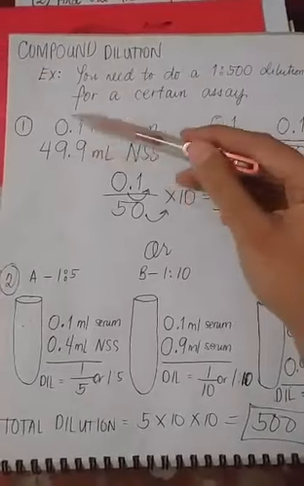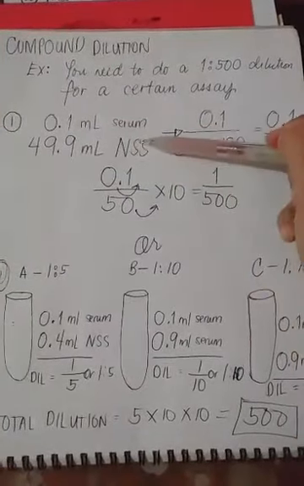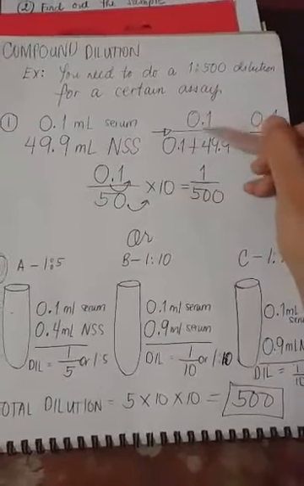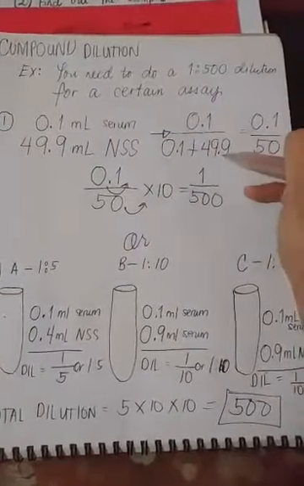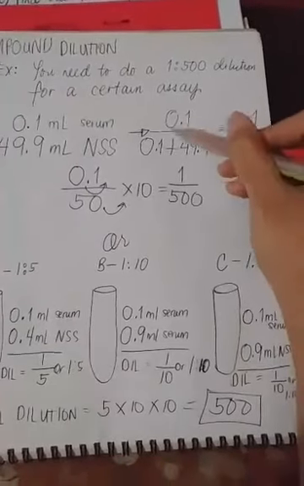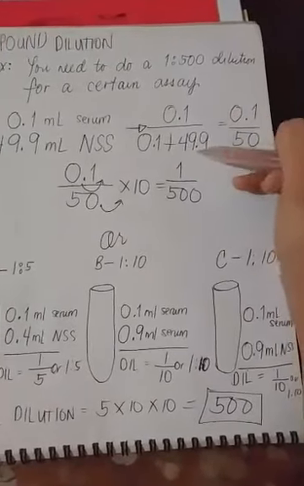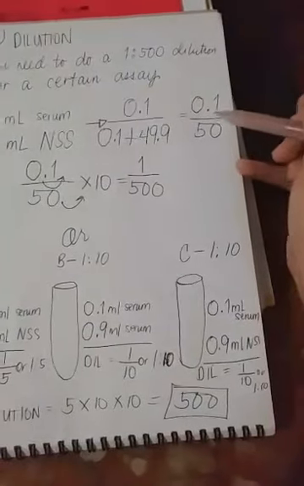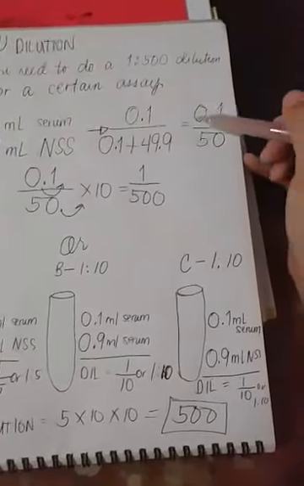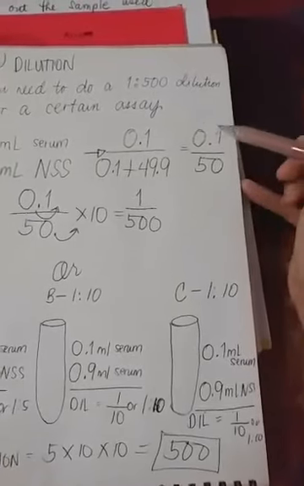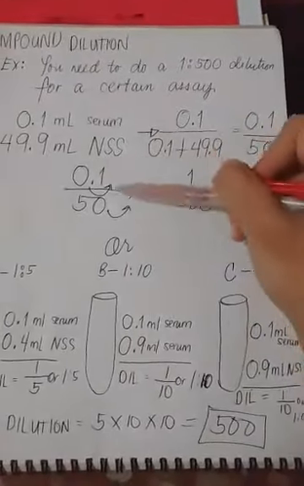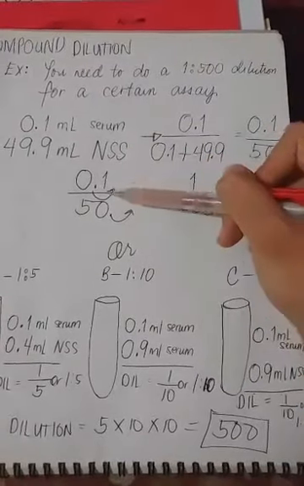So, pag kinuha natin yung dilution nito, you just use the formula that we have mentioned earlier. Sabi natin ang dilution is sample over sample plus diluent. Okay? So, that would be 0.1 over 0.1 plus 49.9. Pag ating inadd yun, that would be 0.1 over 50. Kaya lang sabi natin, hindi tayo pwedeng decimal sa ating fraction. So, from the decimal, we make it a whole number.